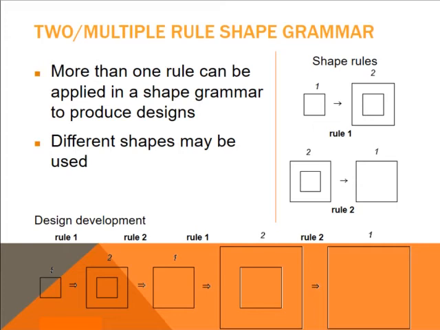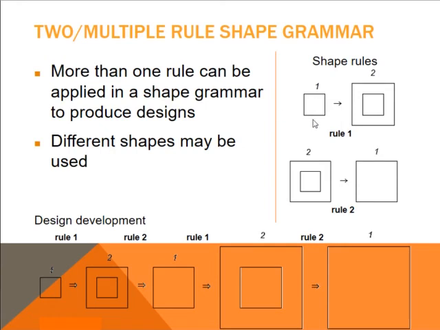Because in the shape rule, it didn't mention the size, the actual dimension of the square. So it didn't mention this is 1 cm by 1 cm, and then this is 2 cm by 2 cm. No, there's no such thing. So as long as it is a square, right? It doesn't matter how big the square is. So you can see it from the design development process. Initially it is the same size as the one specified in the shape rule.